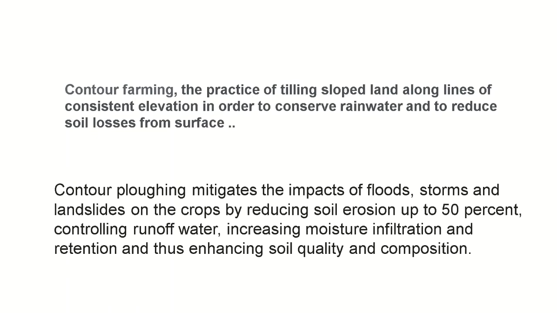Contour plowing mitigates the impact of floods, storms, and landslides on the crop by reducing soil erosion by 50%, controlling runoff water, increasing moisture infiltration and retention, and thus enhancing the soil quality and its composition. So these are the advantages of implementing contour plowing.